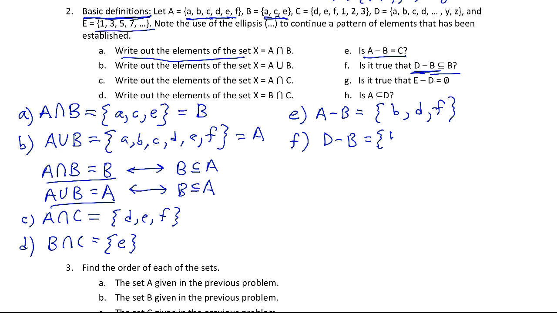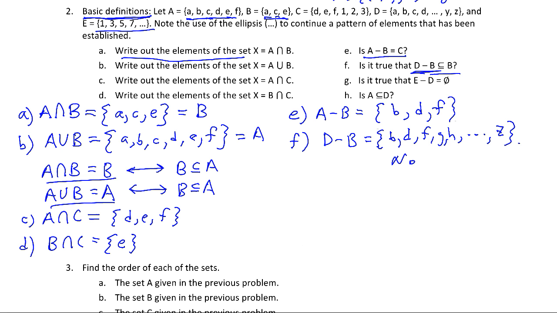So it starts with B, A is not in it, B is, C is not in it, D is, E is not in it, F, G, H, and so on are all in it up to Z. Okay, so it's a subset of the alphabet, and D minus B is certainly not a subset of B.